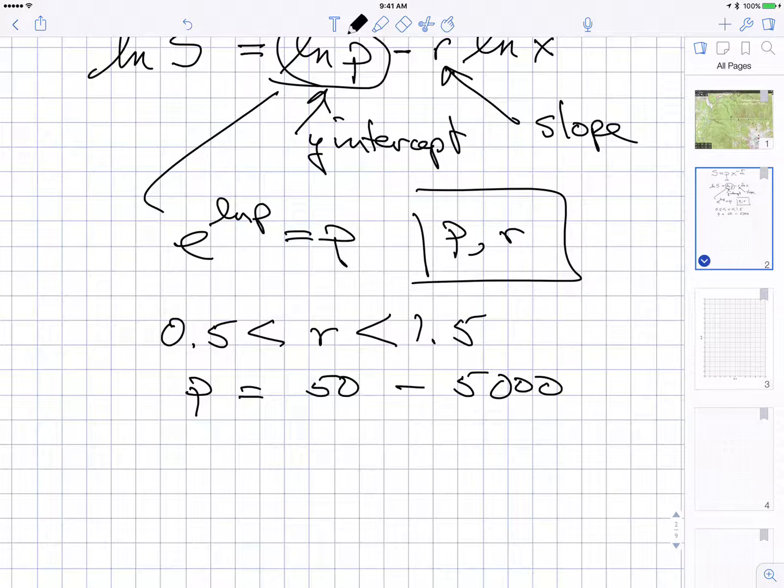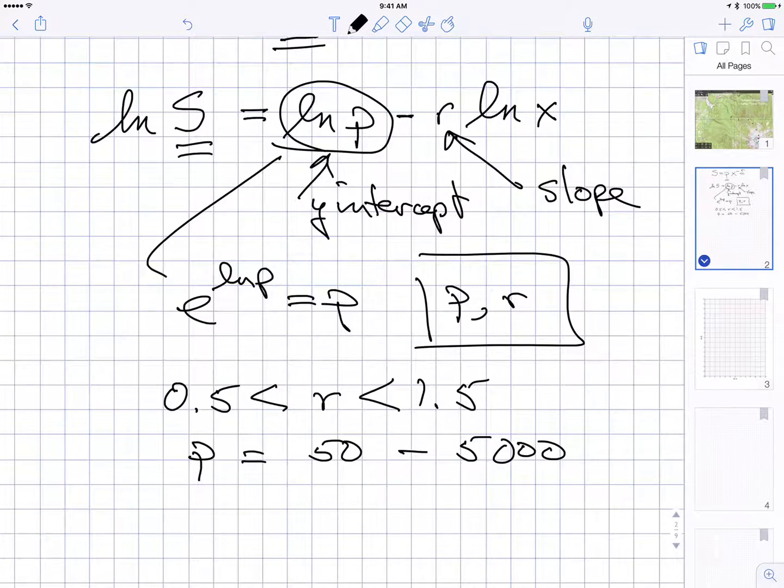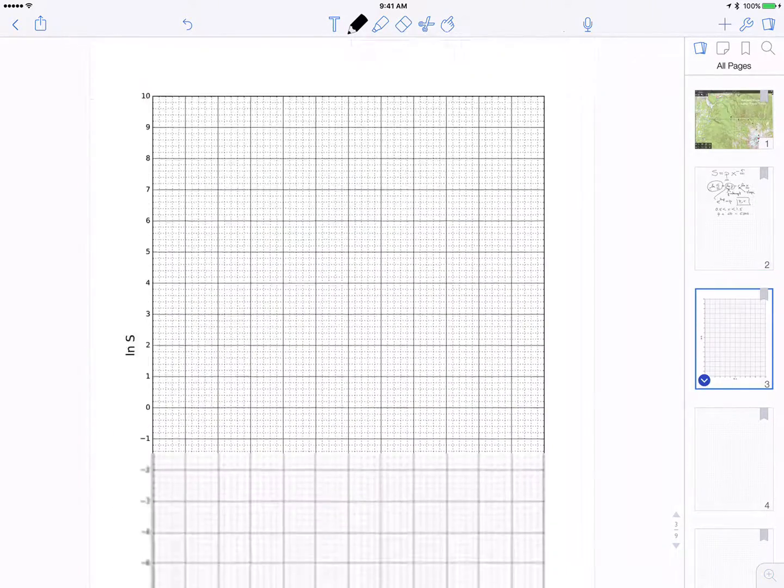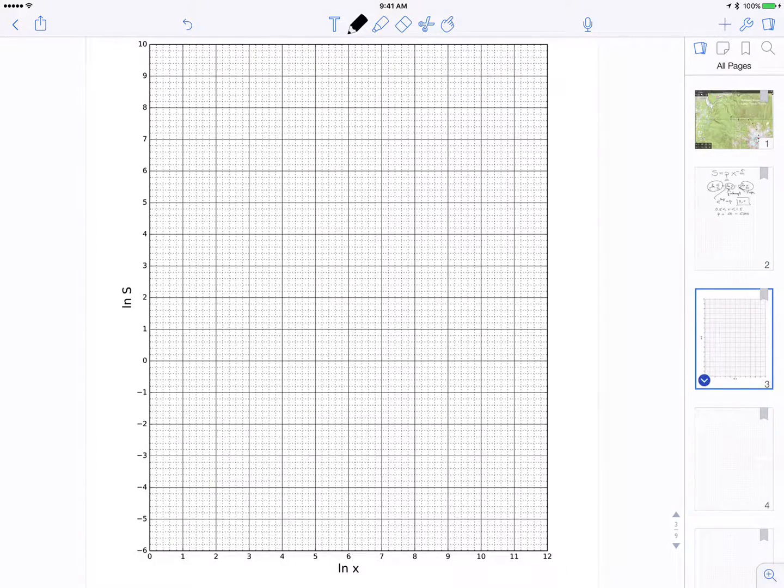So we are going to determine these values of p and r by plotting our data. Our data, remember, is slope and distance. We can take the logarithms of the slope and the logarithms of the distance, and thus we can plot them on a graph, and you have this graph paper where we have the logarithm of the distance and the logarithm of the slope.